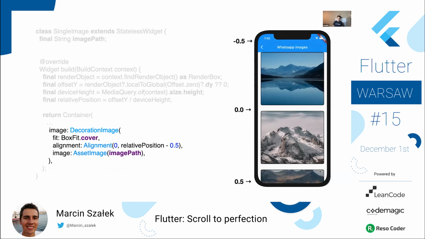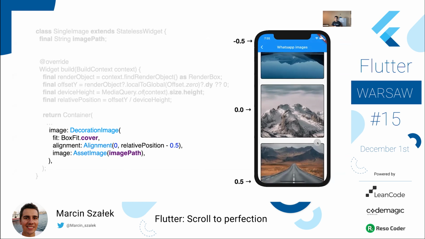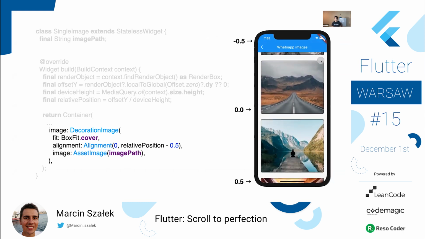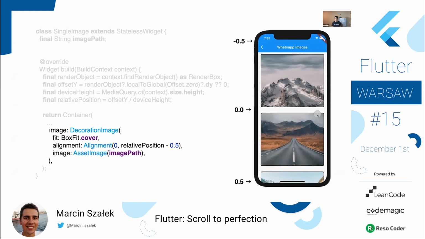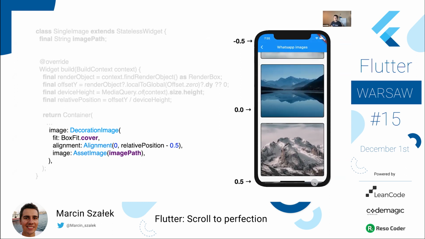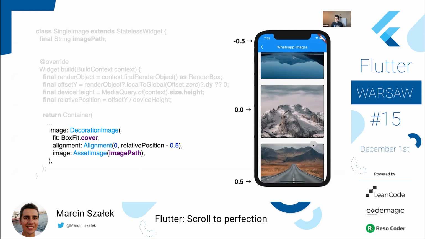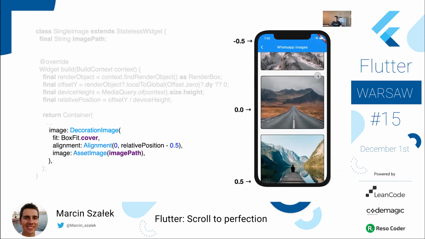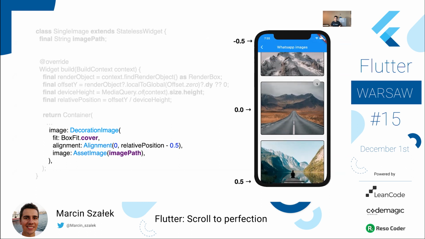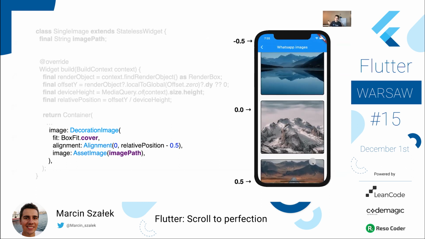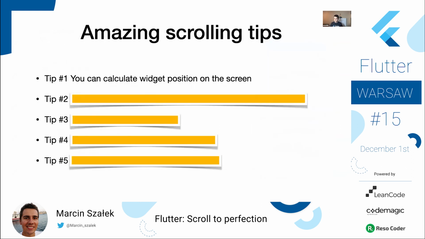Here I used decoration image, but those parameters are also there for asset image and network image. It doesn't really matter. Having that will cause this effect, which I believe is a pretty cool effect. And as you can see, it doesn't require a lot of work to achieve it. So that is the first tip: you can always calculate widget position on the screen.